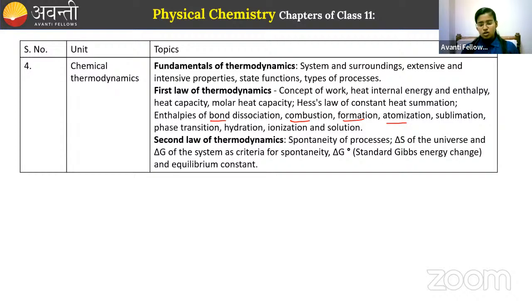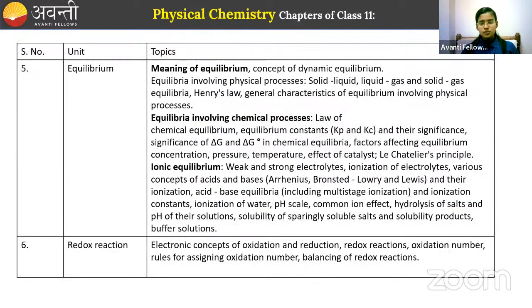All right. Moving on to the fifth lesson, it is equilibrium. Here we'll study what equilibrium is, the chemical processes, and the ionic equilibrium. This lesson consists of two parts: one is chemical equilibrium and the other one is ionic equilibrium. The second half of the lesson talks about ionic equilibrium, in which many important topics are involved.